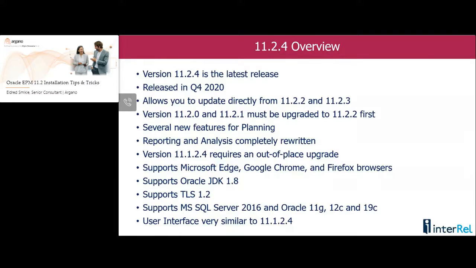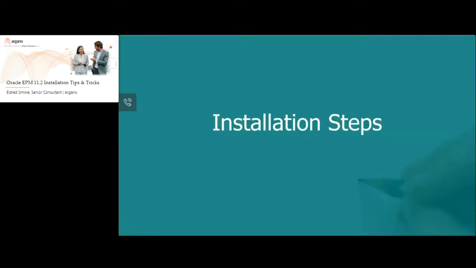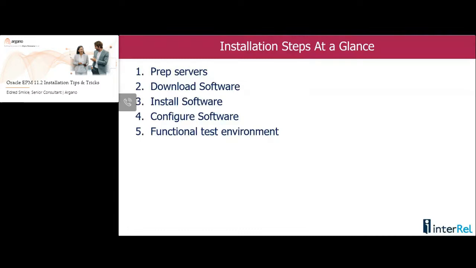All right. Go ahead, Eldred. Okay. So we're back to our installation steps. First steps for the installation would be the server prep. And this is installation at a glance. We then would need to download the software.